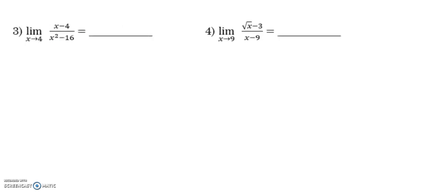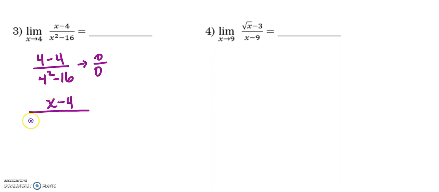All right, so the limit as x goes to 4. Now this one's a little bit different because we're talking about at a specific value of 4. Your first method for evaluating a limit is to just plug in the number. If I plug in the number, I end up with 0/0, which in my head means I need to keep going. Some ways that you can keep going are factoring, conjugate, denominators, using algebra of some sort. For this one, I can see that the bottom factors into a difference of squares.